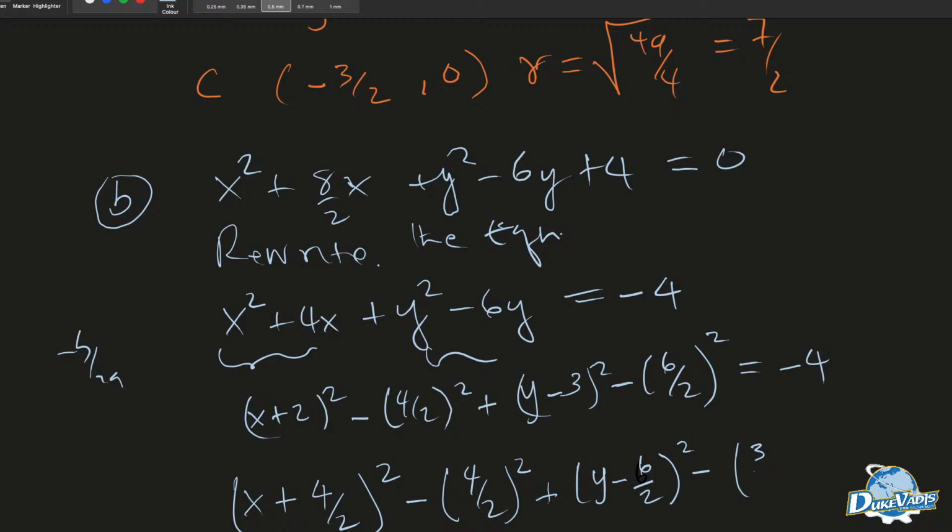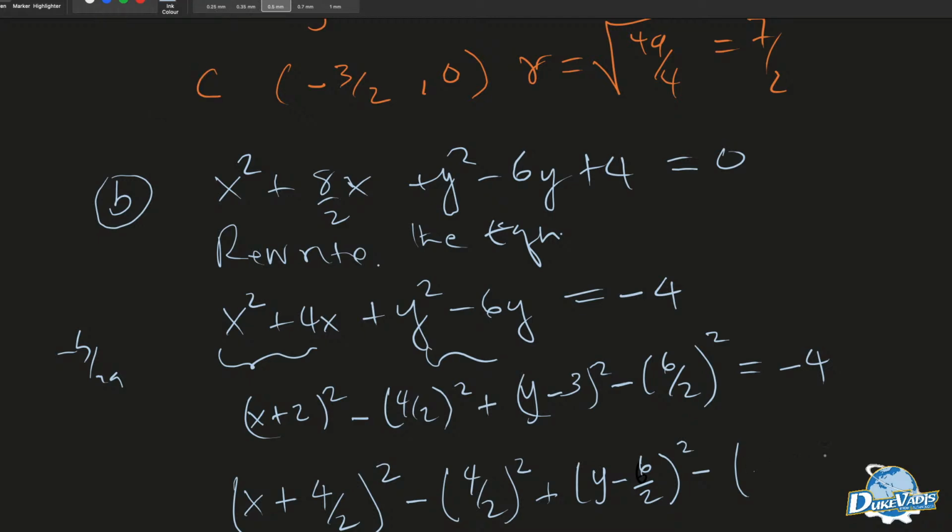squared. Now, what did I divide? Let me clear this one so that you'll be clear with it. All right, I hope you're getting it.